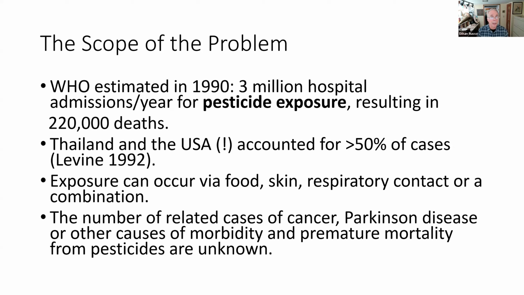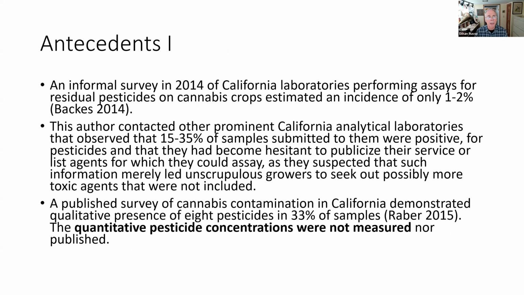These are designed to get into the body of an insect, but get into the body of a human as well. So exposure can occur via food, skin, breathing, or any combination. There have been cases of cancer, Parkinson's disease, and other causes of morbidity and premature mortality that have been described, but the exact number that are related to pesticides are not known.